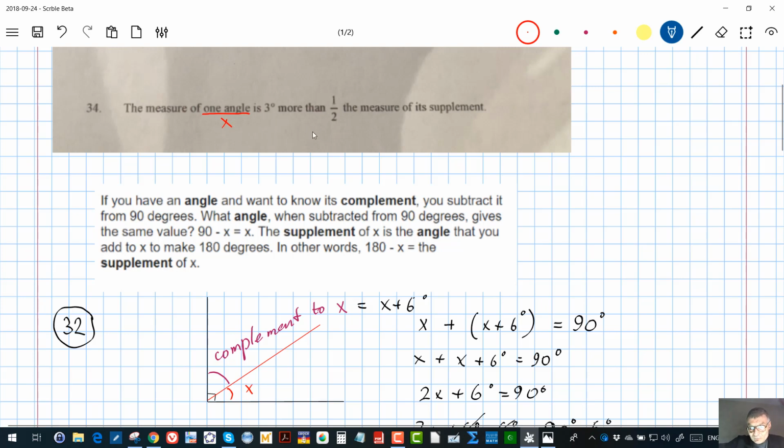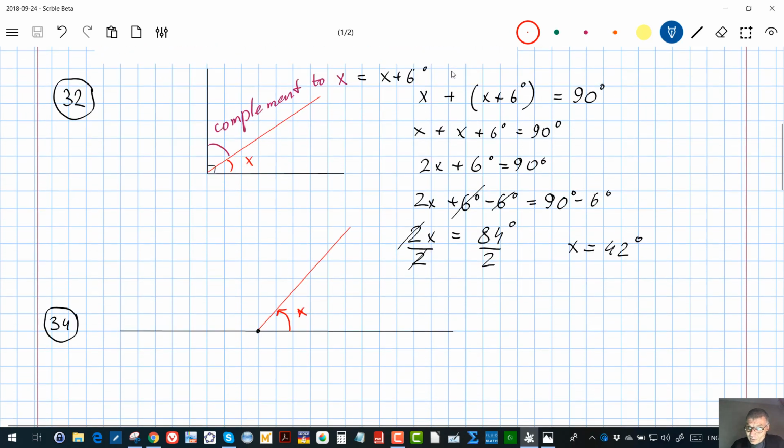But what we know is that it is compared to 1/2 of the measure of its supplement. Where is its supplement? Okay, let's again take this color and write it here. Its supplement to x.